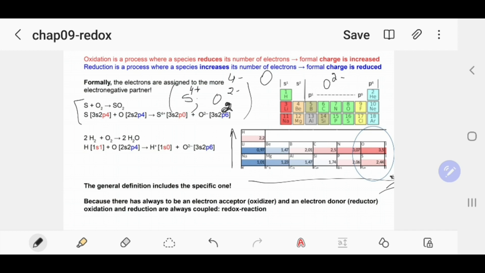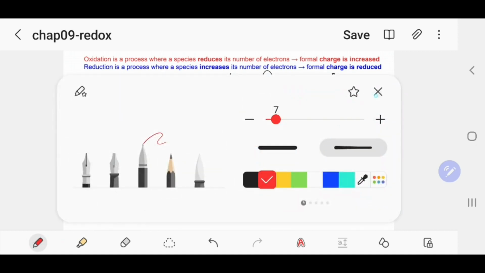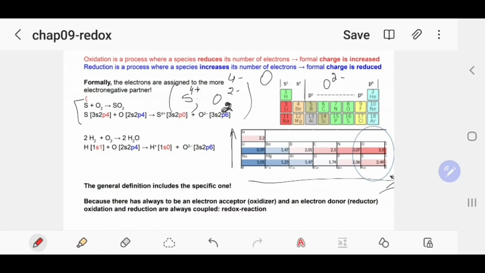So let's apply this rule to see the formal charge, how it's evolving. We start from 0, let's do it in red. We start from 0 on the S because it's neutral at the beginning, and it's just a normal state, and we start from 0 for the oxygen.